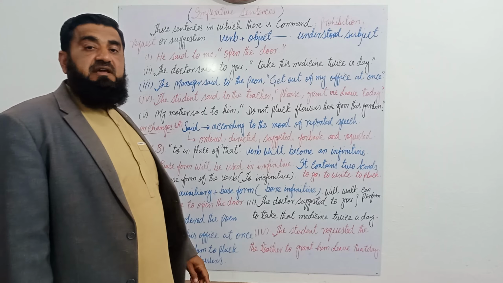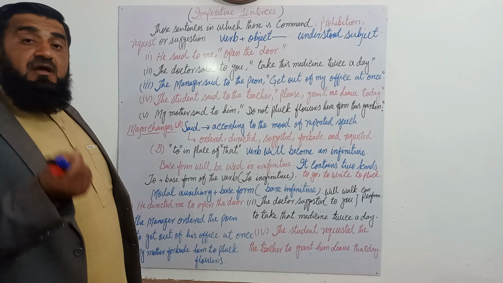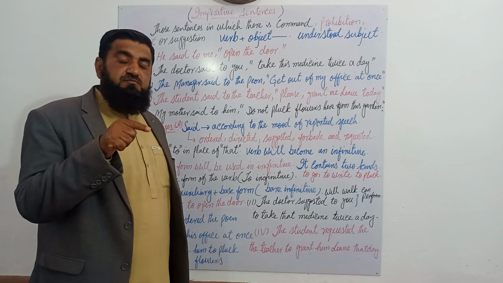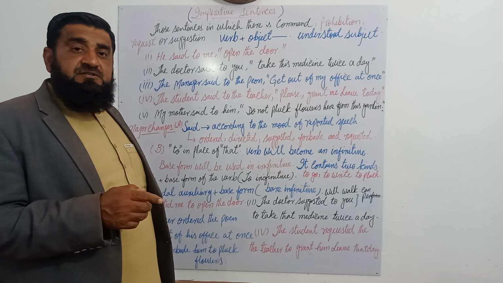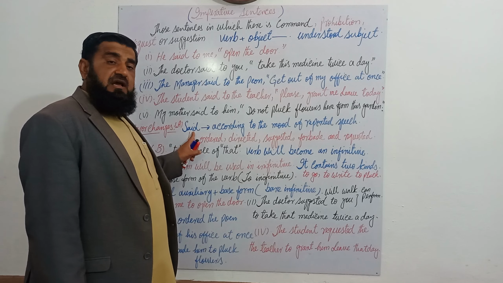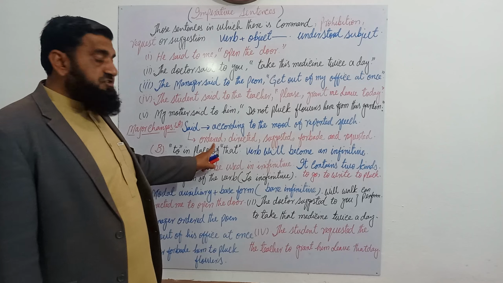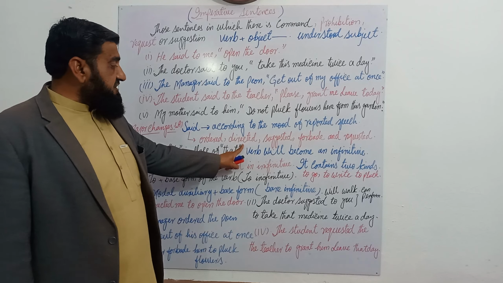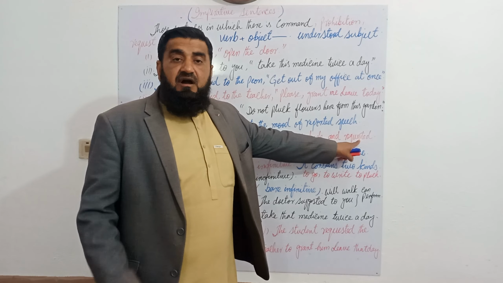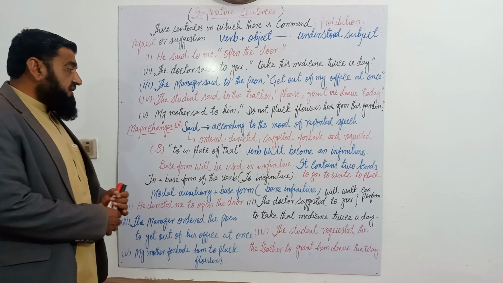So we are taking attention towards the mood of the reported speech. In whichever mood the reported speech is, we will change said accordingly. For example, said will be changed into ordered, directed, suggested, forbade, or requested according to the mood of the reported speech.